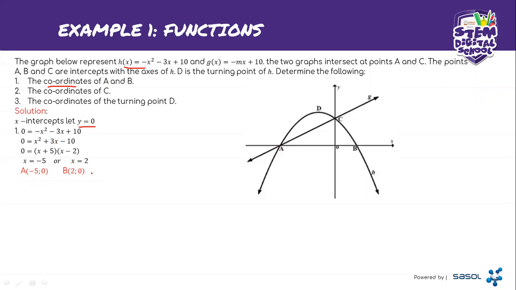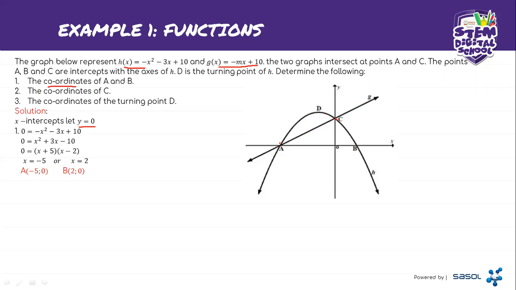And the second one is the coordinate of C. You can see that C is the y-intercept of the parabola graph and the straight line graph. But we cannot use the straight line graph. Why? Because we still have an equation which is incomplete, because we don't know the value of m there.